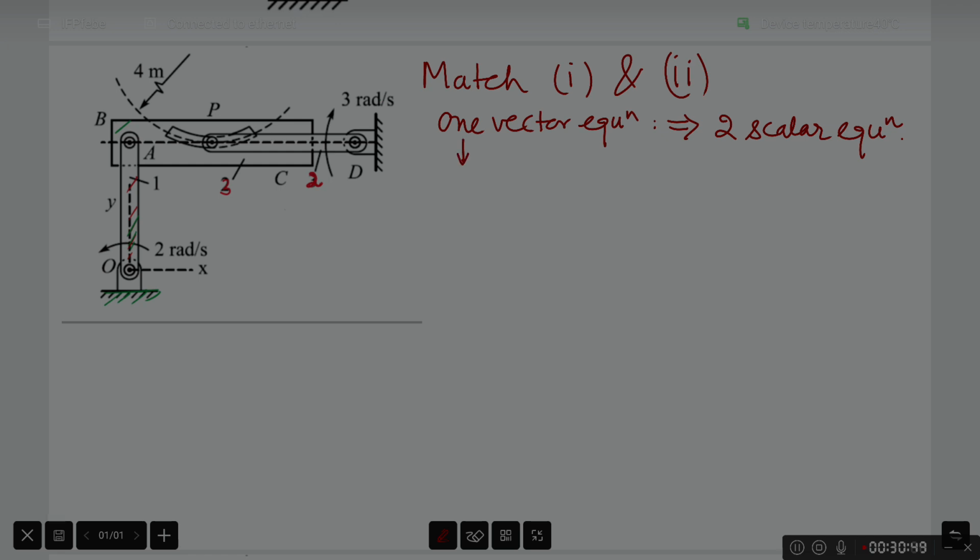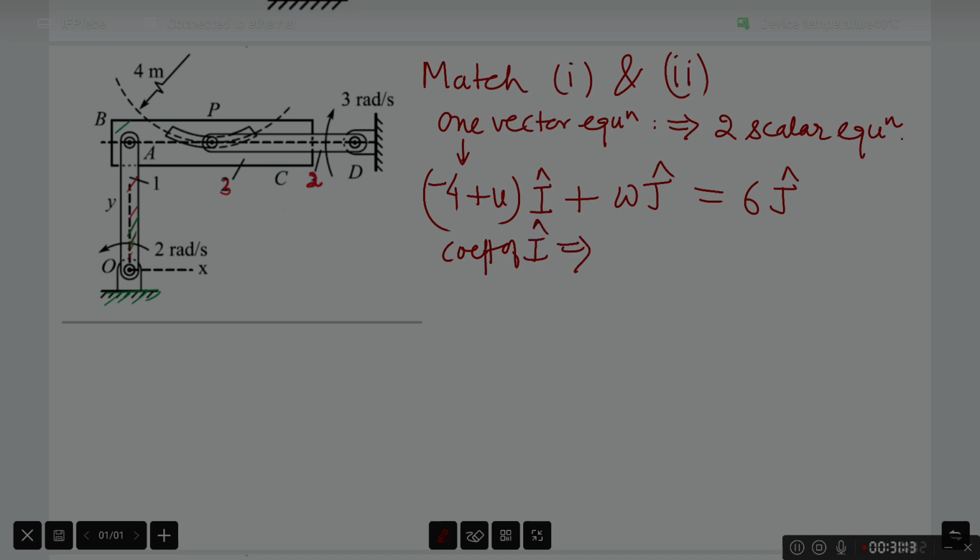in fact, I first write the full vector equation. That full vector equation is... J. So we match the coefficients of i.